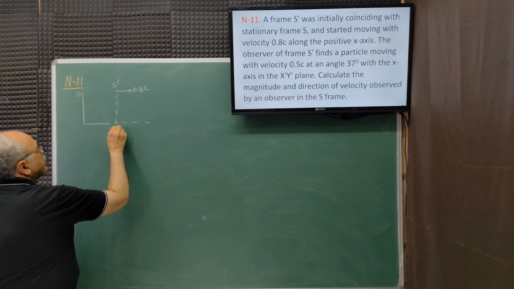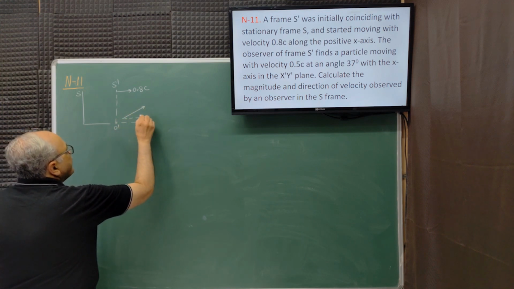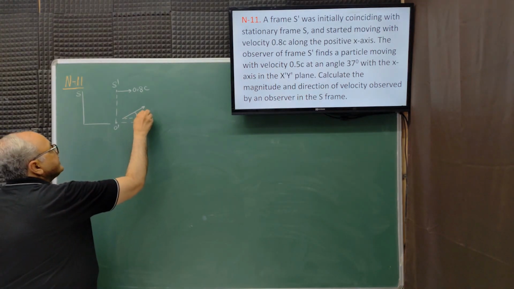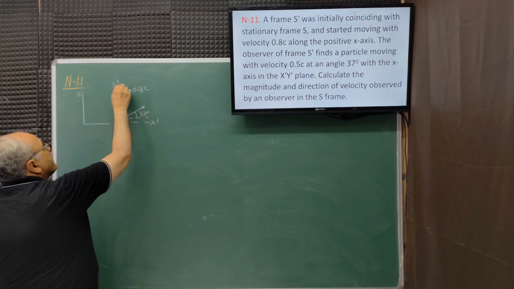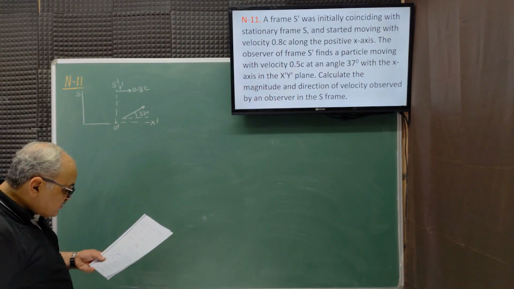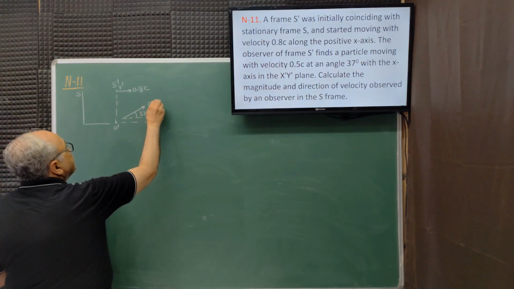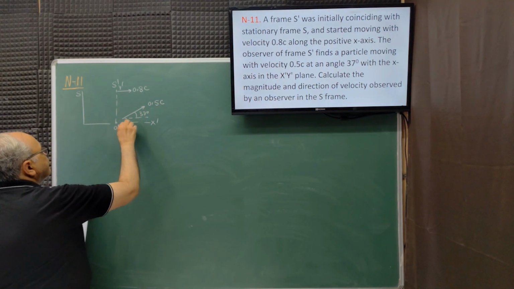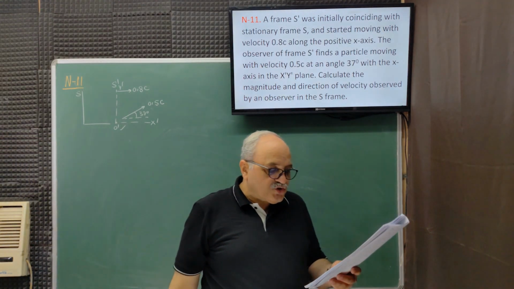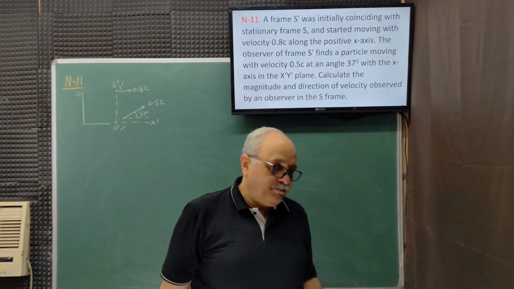The observer O dash observes a particle making an angle of 37 degrees in the x dash y dash plane, and the velocity of the particle is 0.5c. We have to calculate the magnitude and the direction of the velocity as observed by the observer of the S frame.